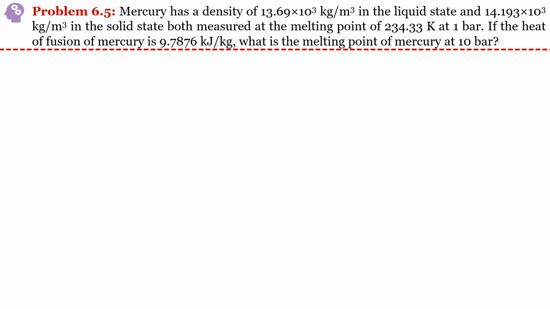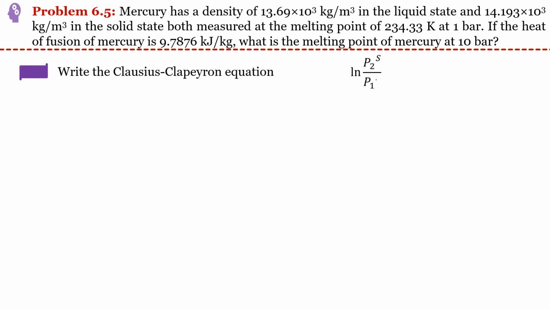First we will write the Clausius-Clapeyron equation. As per this equation, we need the vapor pressures P2, P1, and we need lambda. Remember, this lambda is the latent heat of vaporization, and there are certain assumptions behind this equation.